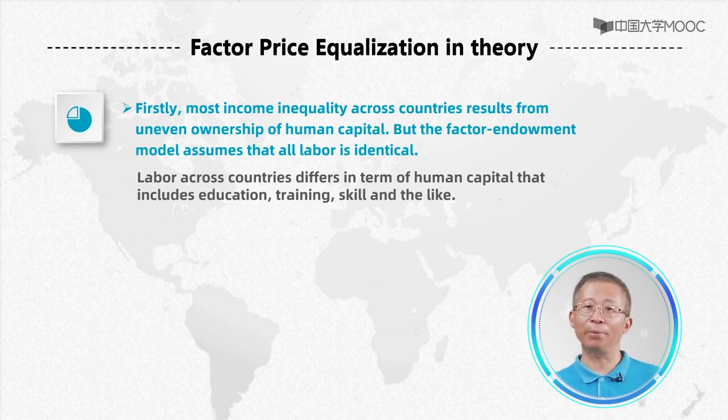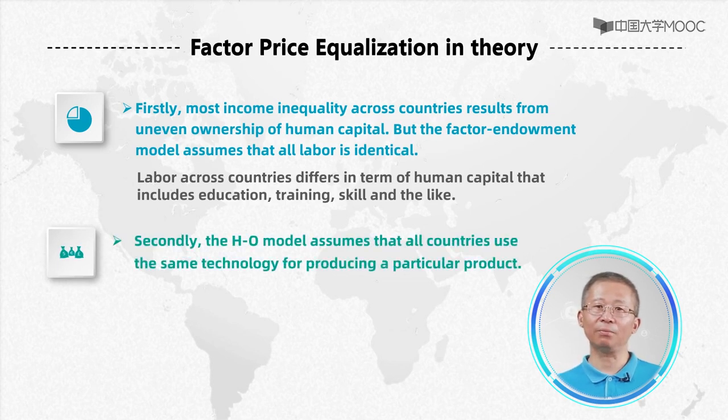We don't expect a computer engineer in the United States with a PhD and 10 years experience to be paid the same wage as a college graduate taking his or her first job as a computer engineer in Thailand.